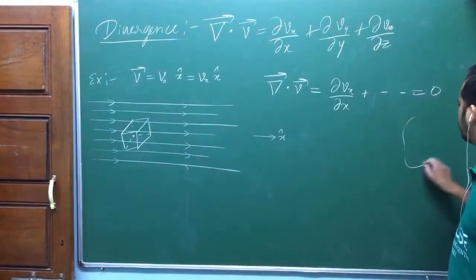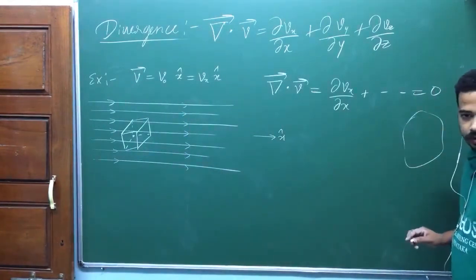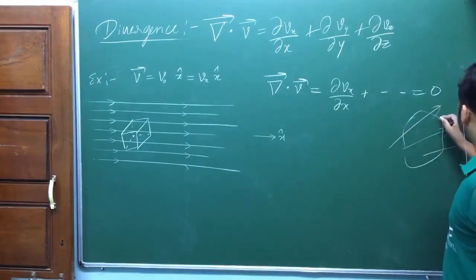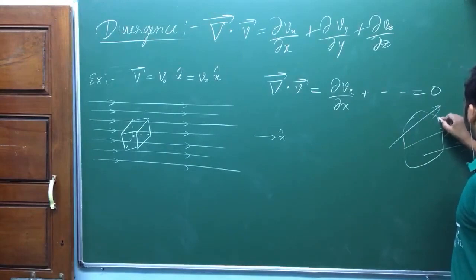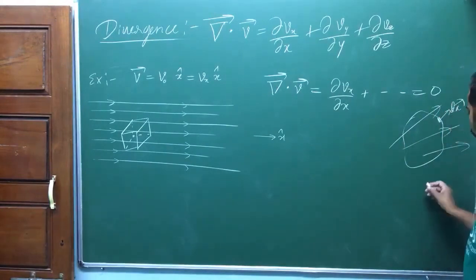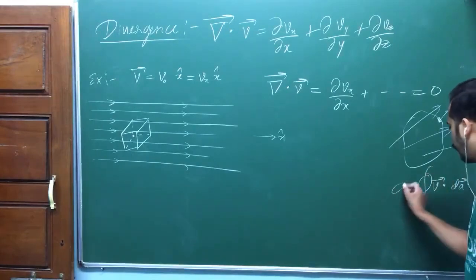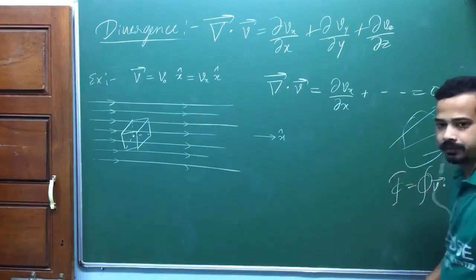Again, if you have any closed surface placed in a vector field, then you define the dA vector like this, and take the dot product of the vector field with the dA vector, and then integrate over the closed surface. We call that the total flux, am I right?